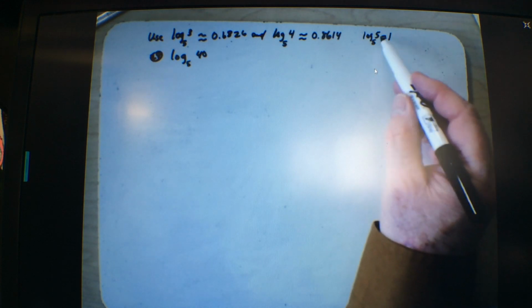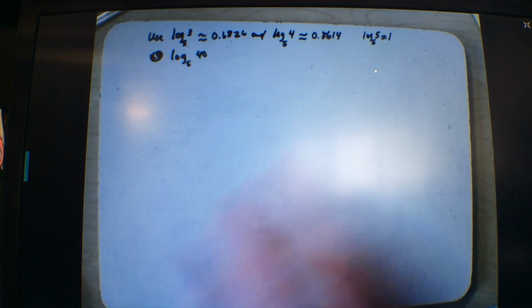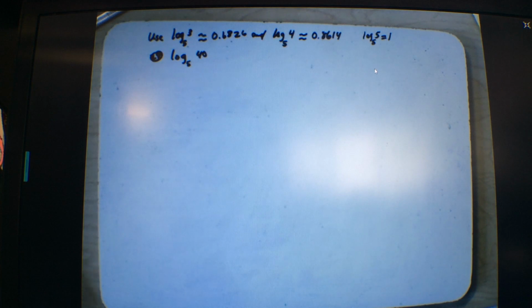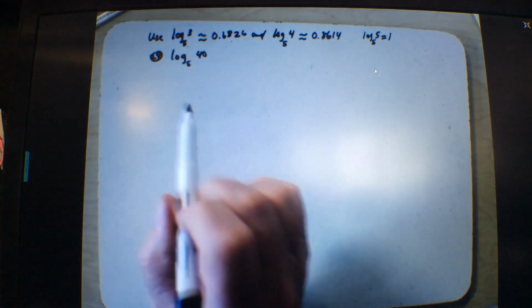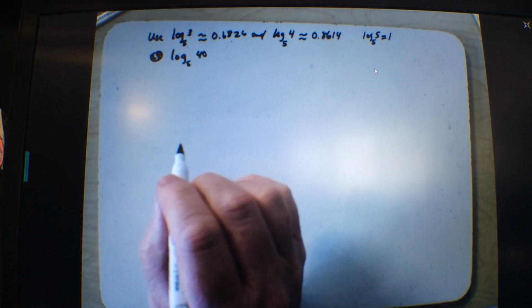And then I can change this to 5 squared, 5 cubed, and so forth. All right, any questions so far? So what I have to do is use 3, 4, and 5 to find 40. Okay?